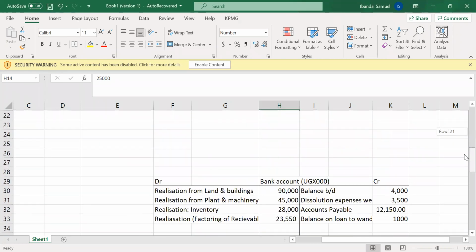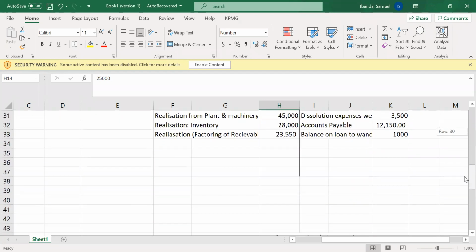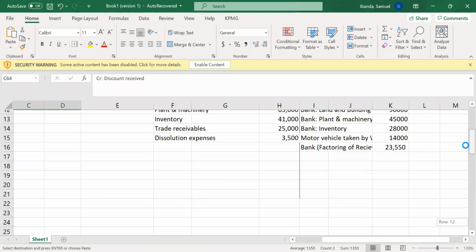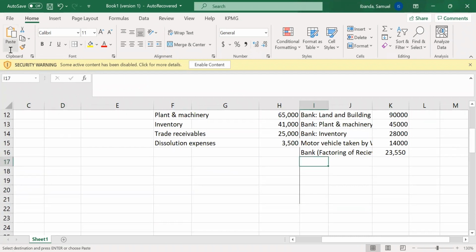Since we don't have the discount account here, this credit of the discount we shall pass through the realization account. So the discount received of 1,350 will be factored in our realization account. That is one of the things we're supposed to take into consideration there.